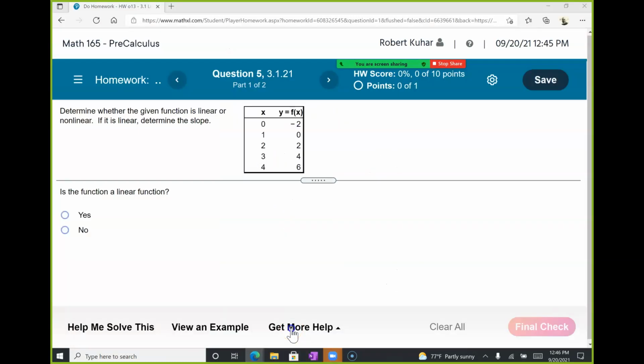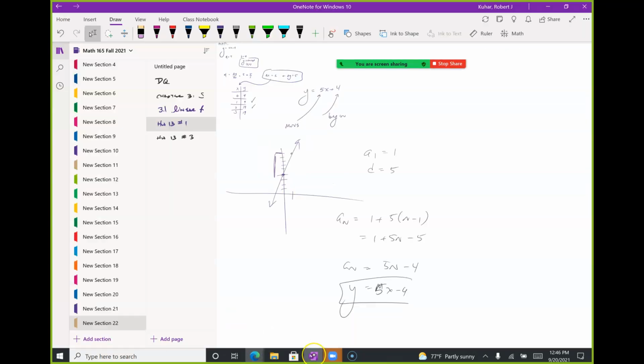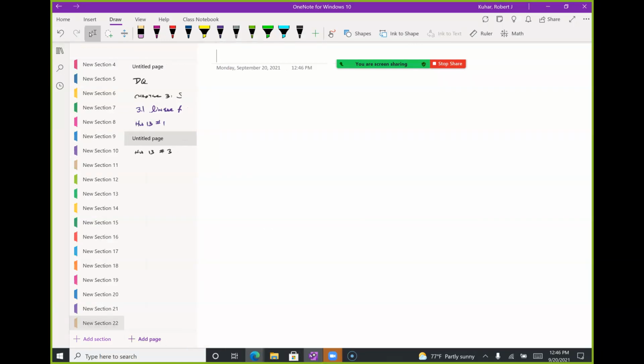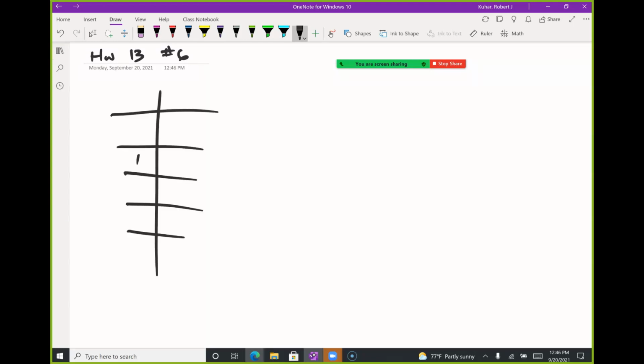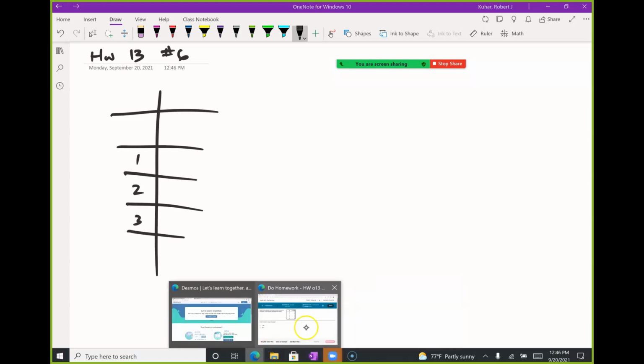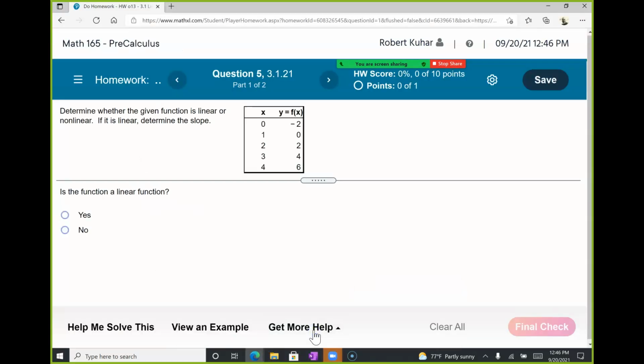This is question 5 in homework 13. And I give you a table of 0, 2, 4, 6.